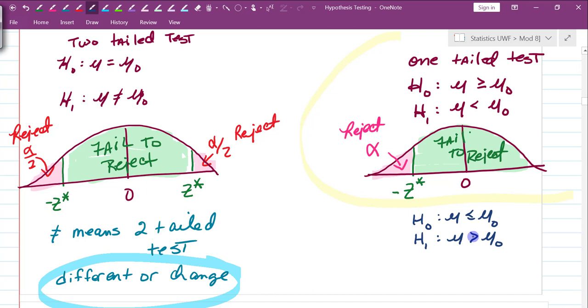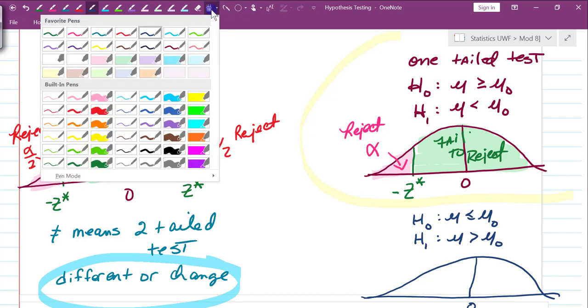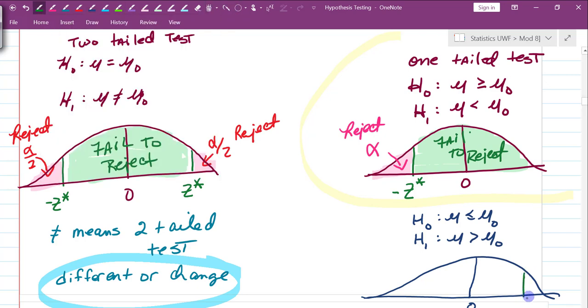Again, which direction is the greater than sign pointing? It's pointing to the right. So this tells you it is a right-tailed test. And our right-tailed test looks like this, very much like the others. And we're going to put our critical value on the right. And we're going to have Z star right here. And we're going to have our fail to reject over here.